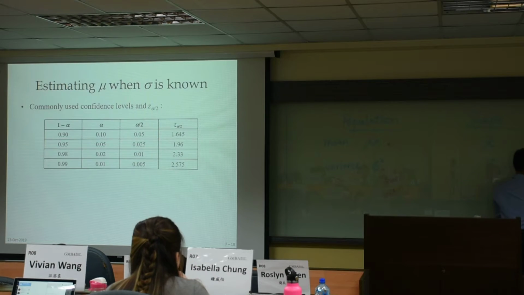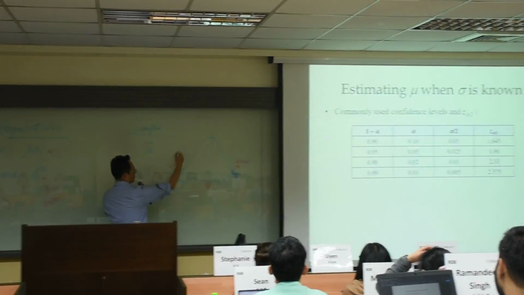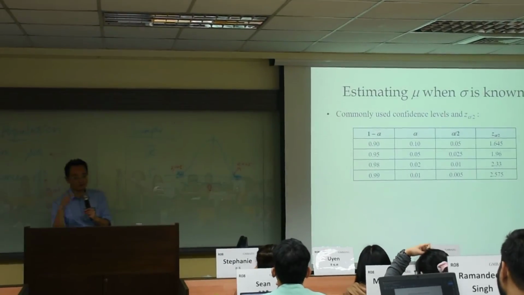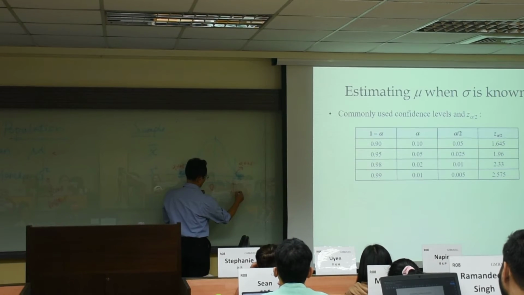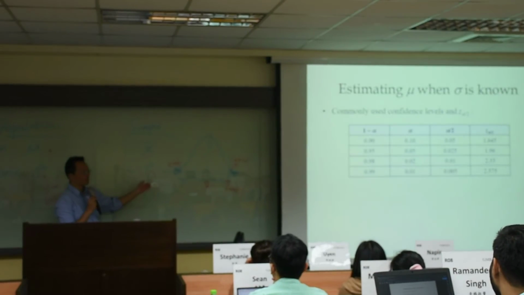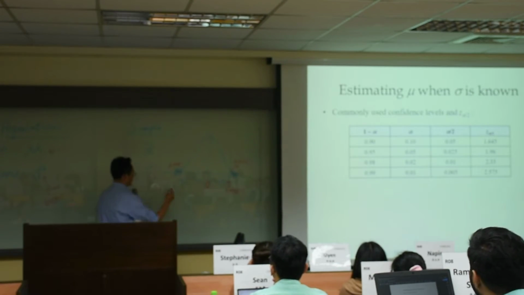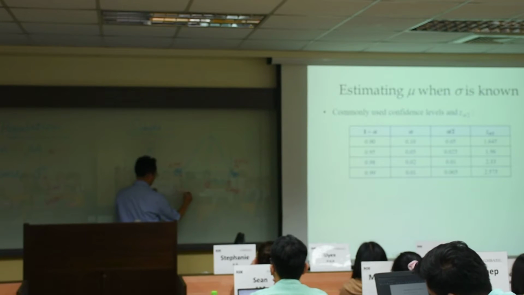And if the alpha here is 0.05, okay, 0.025 on each side, together it's 0.05. So in this part it will be 1.645, and this value is negative 1.645.